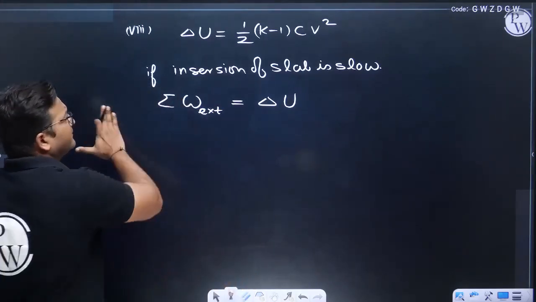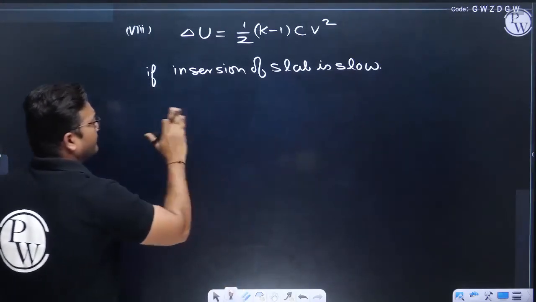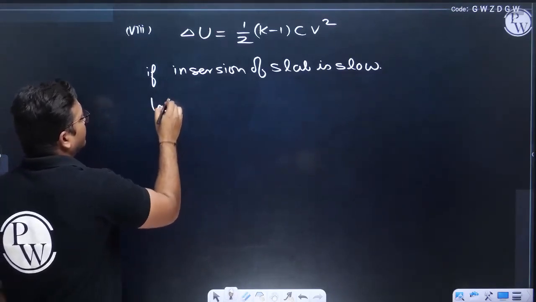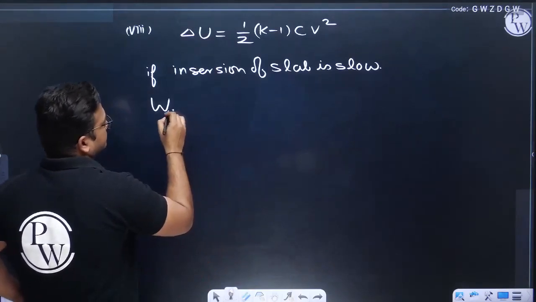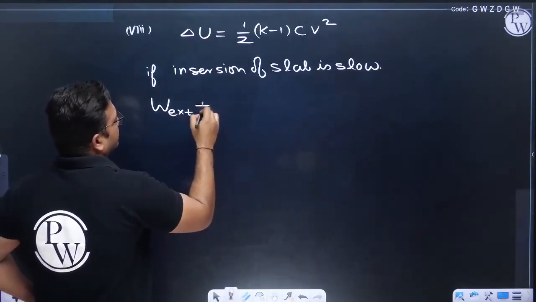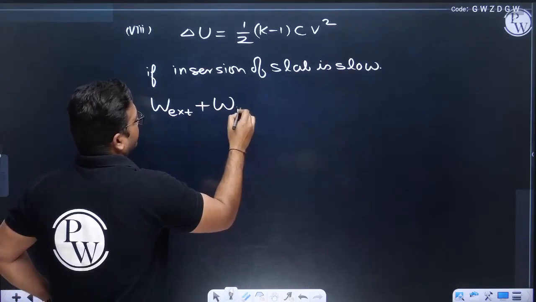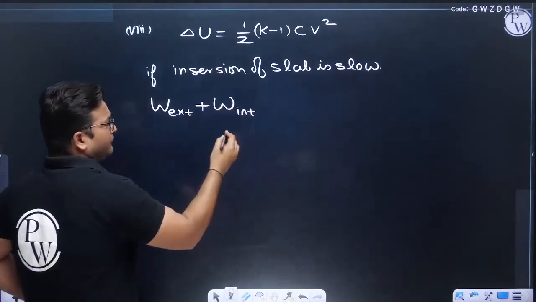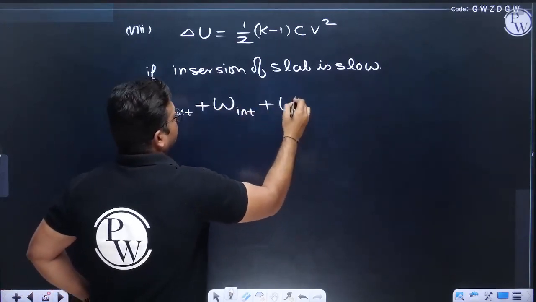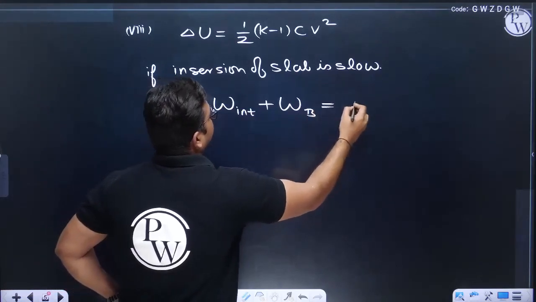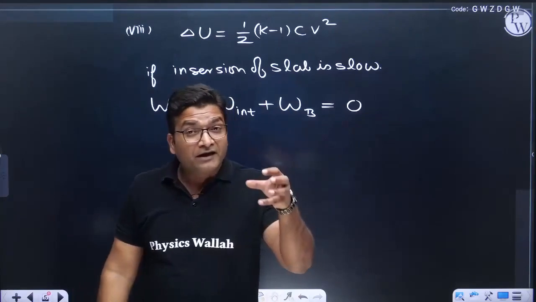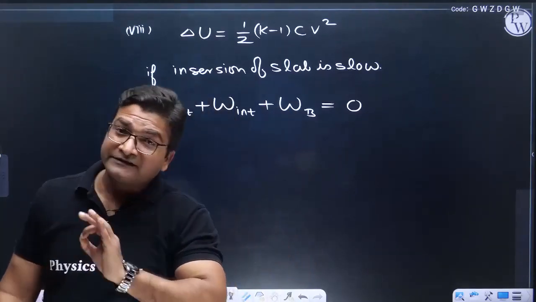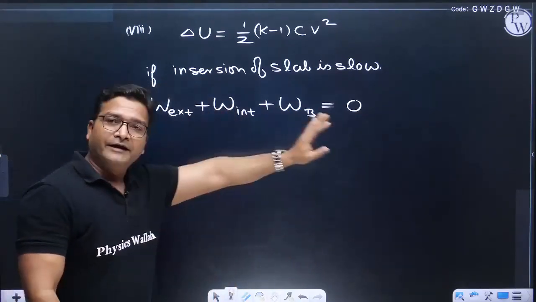Or let me write it in a simpler form. Work done by external force plus work done by internal electrical force plus work done by battery equals 0, because total work equals the change in kinetic energy, and we are letting the slab go only slowly, so there is no change of kinetic energy.